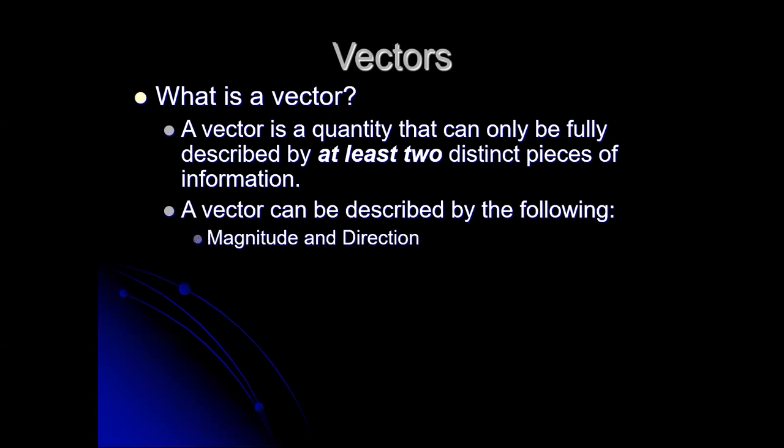So we can set up that description of a vector by either telling what the magnitude and direction are, so how much we're dealing with and what direction that quantity is applied in. Force is a good example of using magnitude and direction. How hard are we pushing and what direction are we pushing in? Think about an airplane, for example: a jet engine produces thrust. Well, if we're producing thrust down the runway, hopefully we're accelerating the airplane.